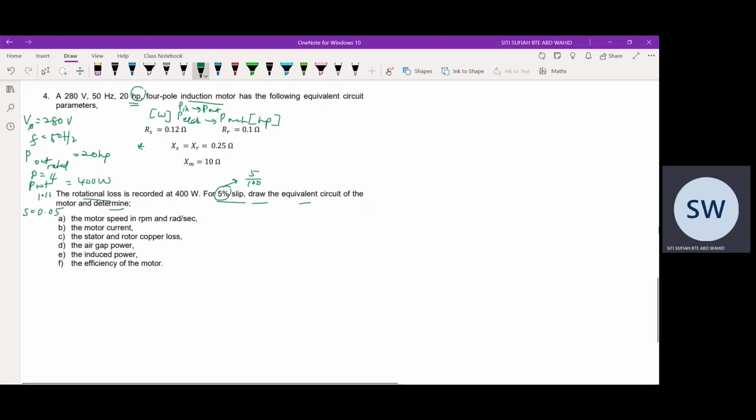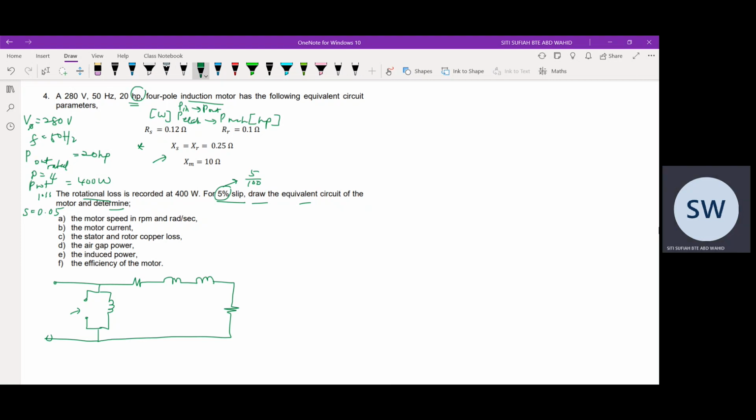For this kind of question, I usually suggest the student sketch first so that you can see what you are actually calculating. This is the approximate equivalent circuit for the induction machine that we are using. As you can see, I didn't draw the RC because it's not given here.